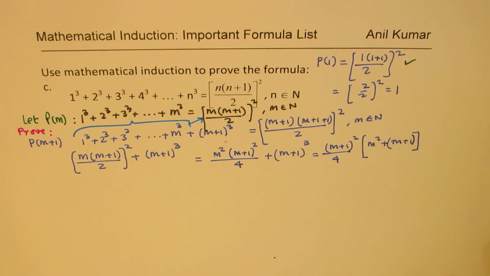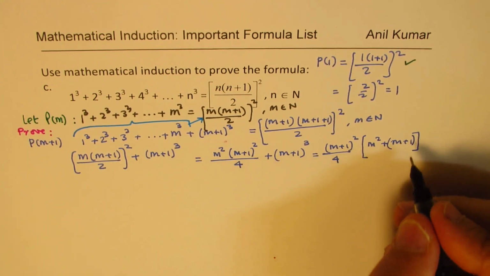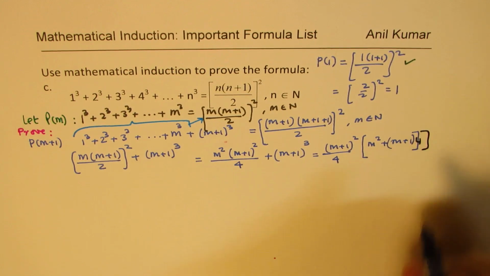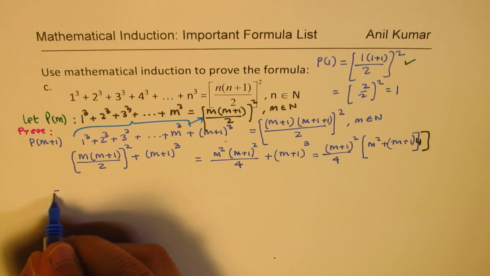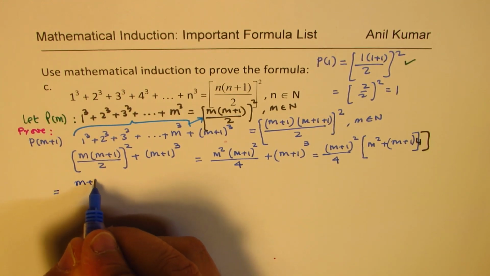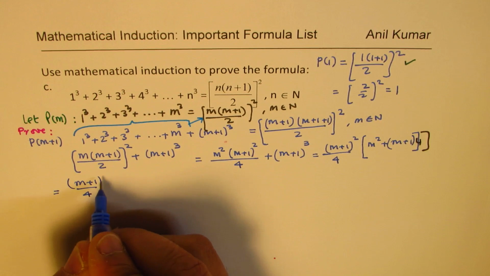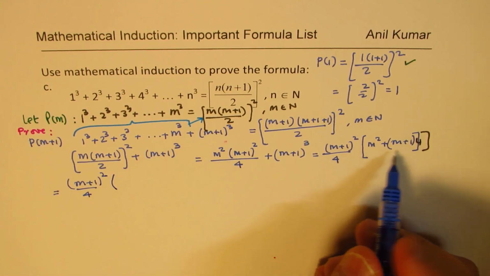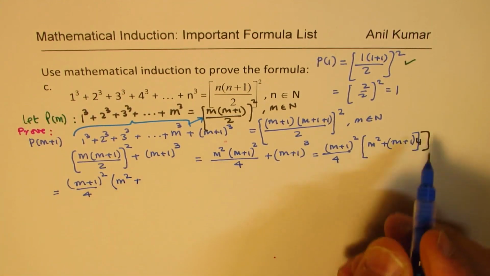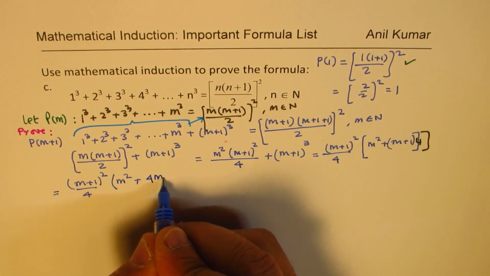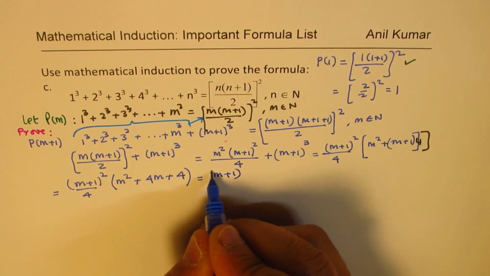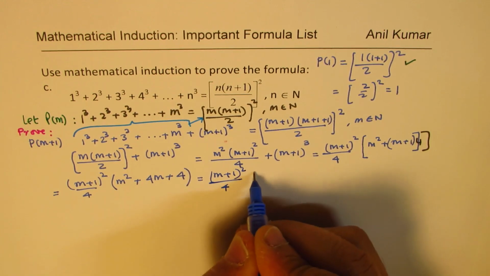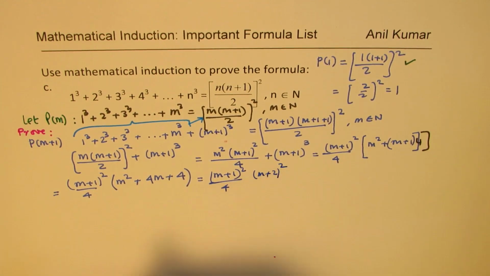So we could write this as equal to m plus 1 whole square over 4, and within this bracket, we have m square plus, multiplying by 4, we get 4m plus 4. Now, this is a perfect square. So I could write this as m plus 1 whole square over 4 times m plus 2 whole square.